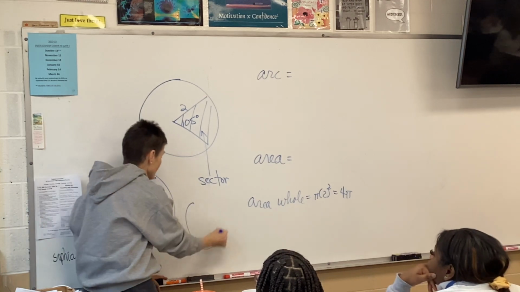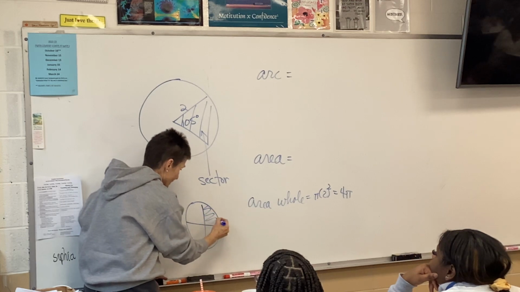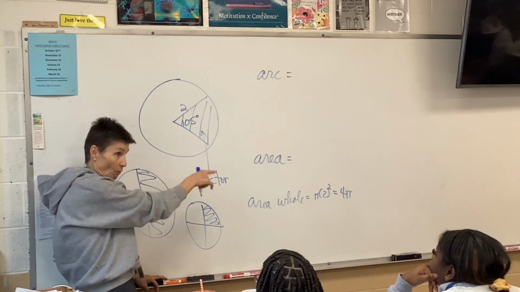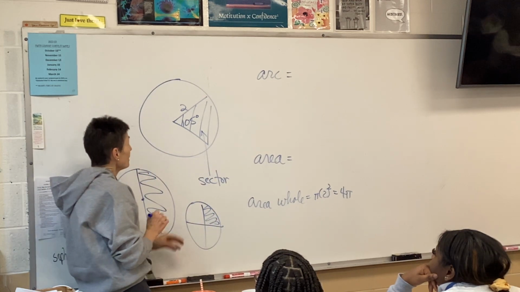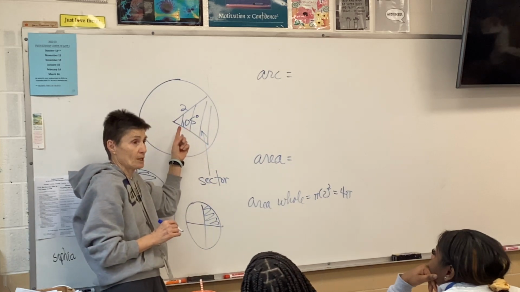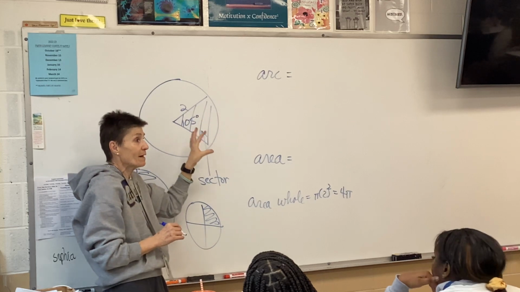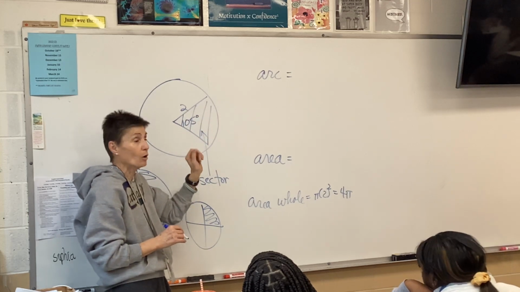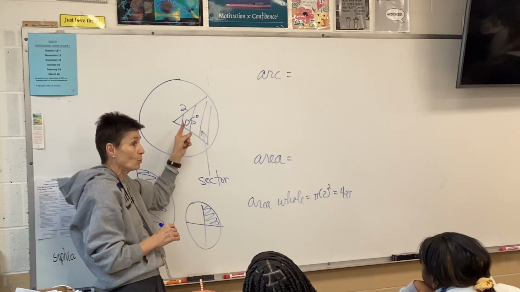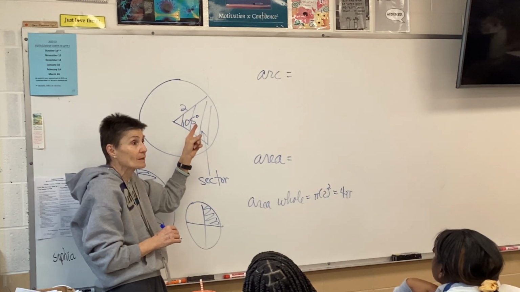Well, what if I give you this piece of pie? What would that be? A fourth of that? Well, this is not a half and it's not a fourth, but it is a fraction of the circle. What fraction of the whole circle is this?